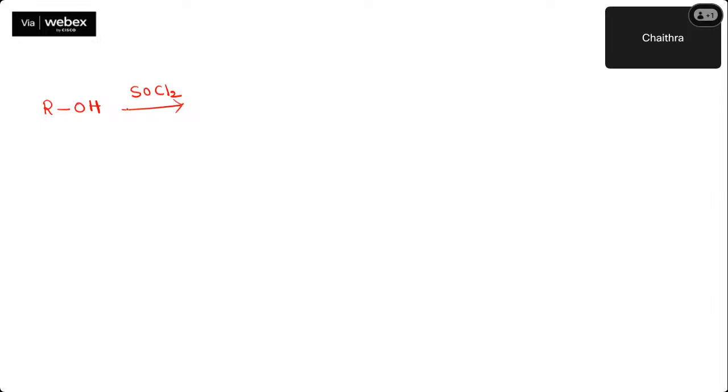This is called Darzens reaction. So what is the product here? What do you get? The OH in ROH is substituted by Cl. You get RCl. Alkyl halide you will get. And the byproducts you will get are HCl and SO2. That's why you say this is a very good method to prepare alkyl halides, right?